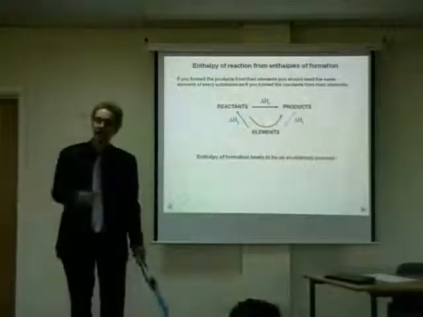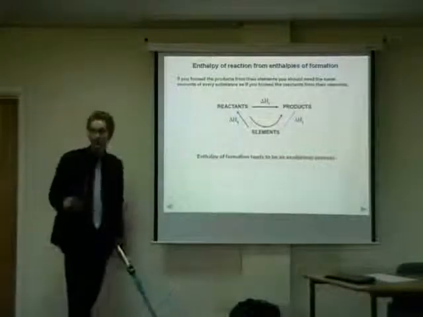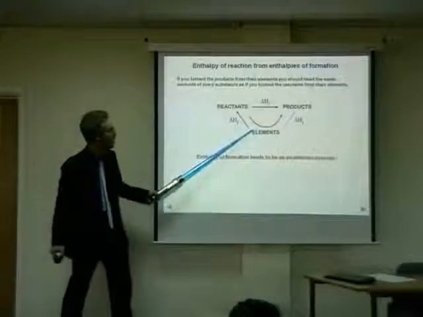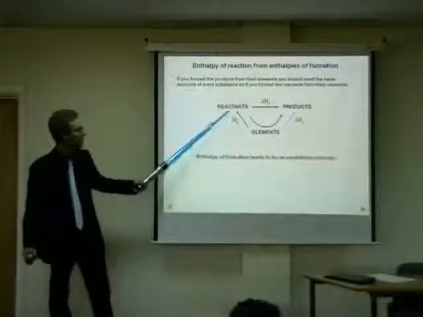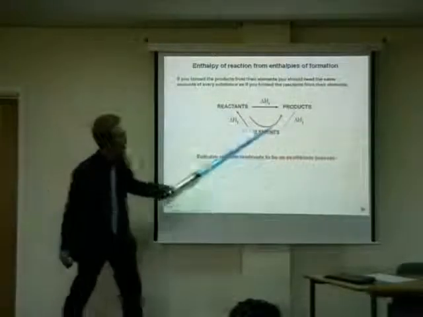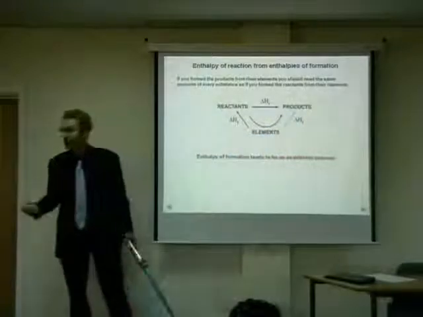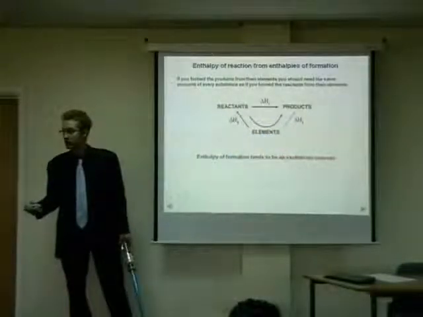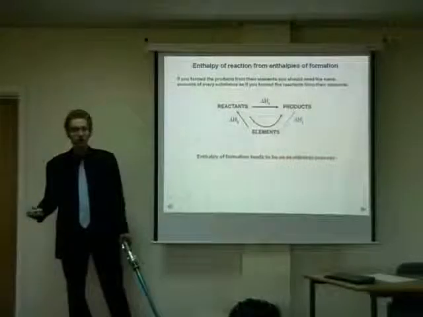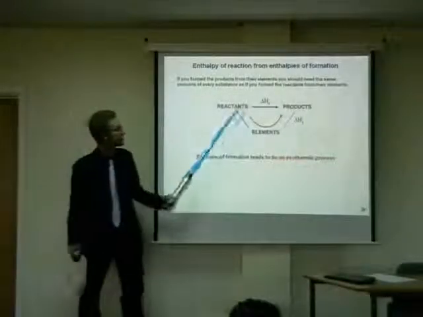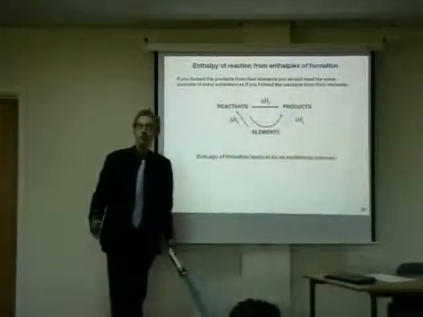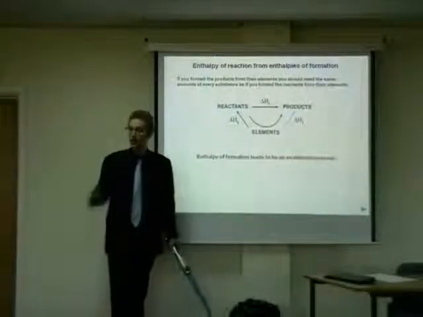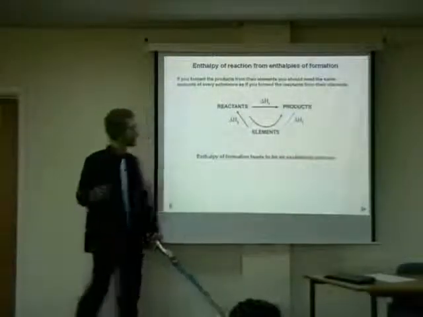You get data tables, okay, that quote these delta HF values. So I can find out the formation enthalpies of my reactants and of my products. Okay, these will be given to you, and you can use them to work out the enthalpy change for a reaction. Does that make sense?